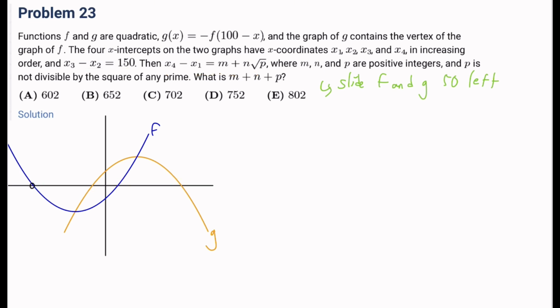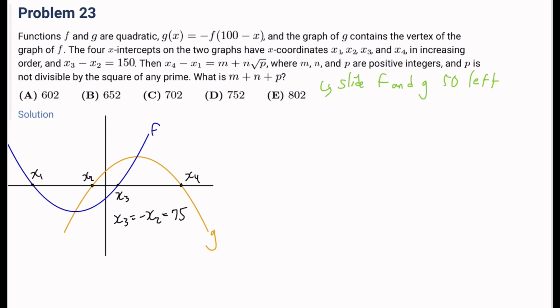So now we get that this is x1, this is x2, this is x3, and this is x4, right? So it said x3 minus x2 equals 150, but since x3 equals minus x2, this equals 150 divided by 2, which is 75, right?